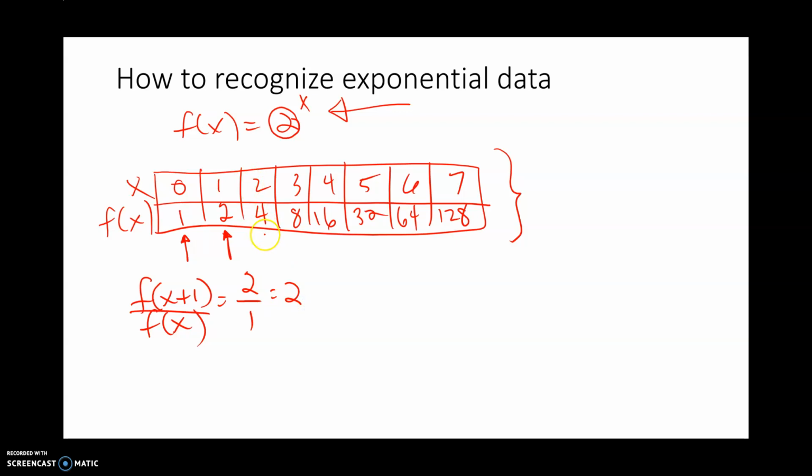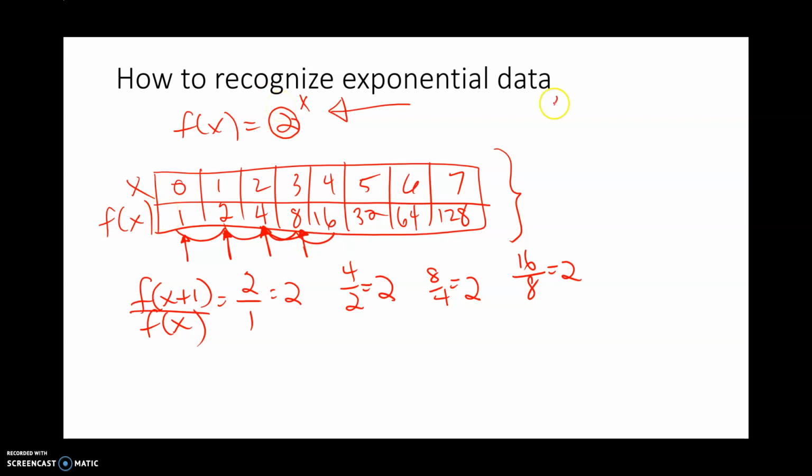Now we're going to look at the next one. What's this value divided by the one in front of it? Well, that happens to be 2. What's this value, this f of x, divided by the one in front of it? Notice that each time we do this, it equals 2. That means this is multiplied by 2 each time.